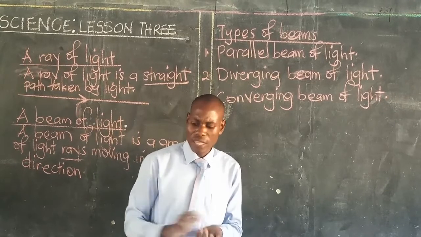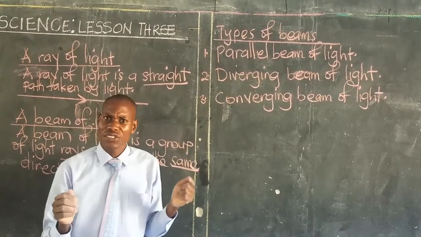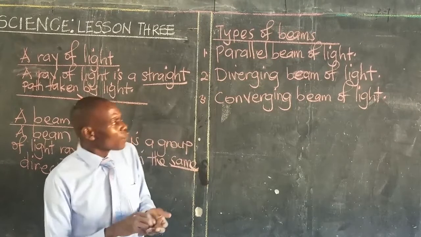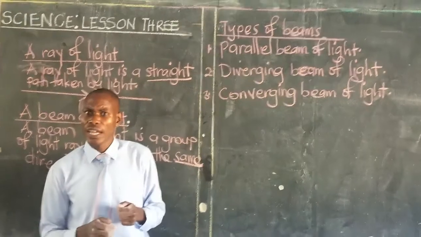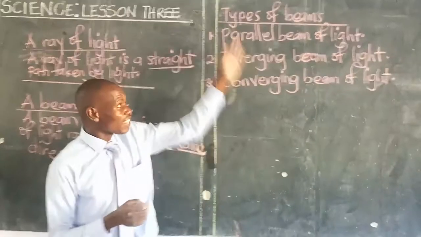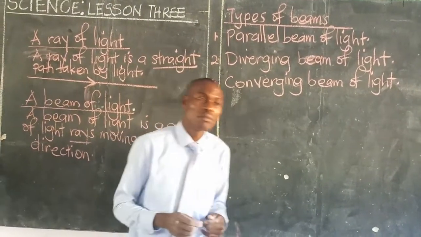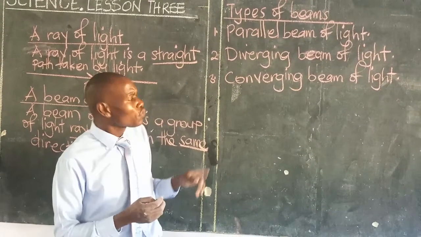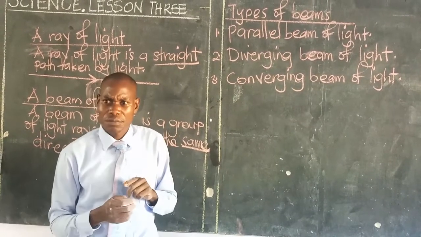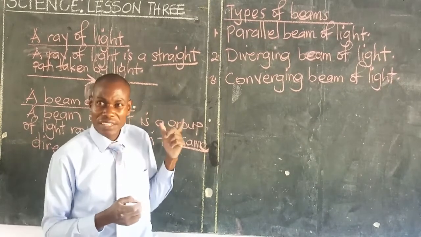Boys and girls, we are going to talk about each of these at length. We need to understand what each of them means. We cannot just leave it at that level. Therefore, we are going to start with the first one, and that is what we call a parallel beam of light.